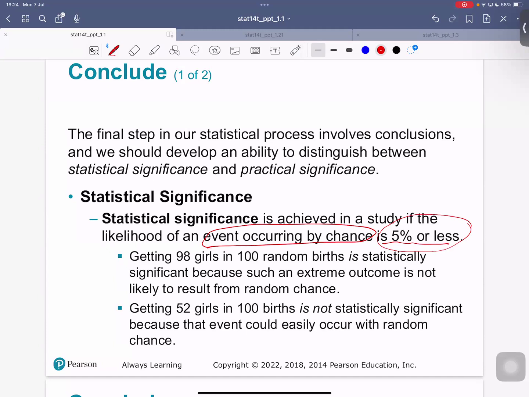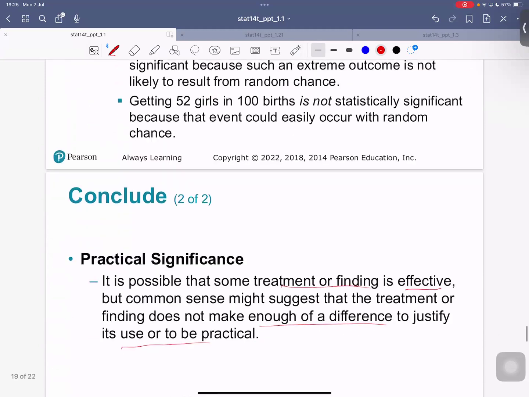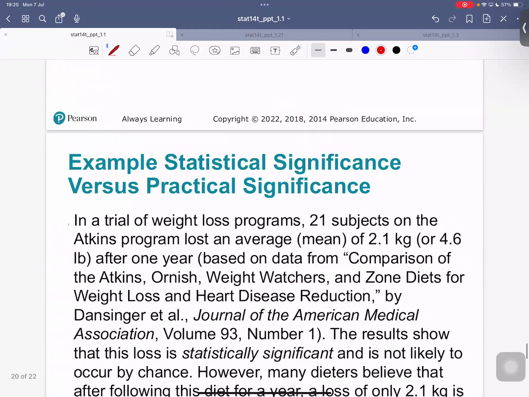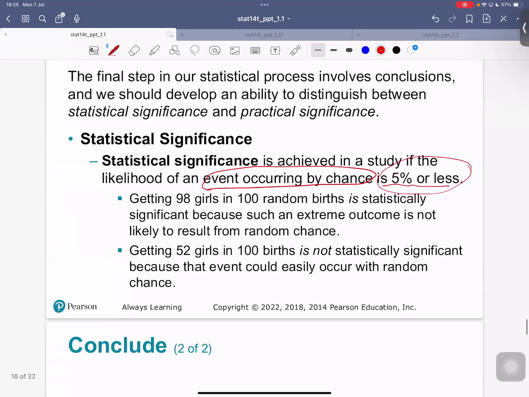Is it based on the size of the effect? That's a good question. In this case it's not based on the 2.1 kilograms, because with 2.1 kilograms we cannot calculate the 5% or less. It doesn't help us find anything like 5% or less.